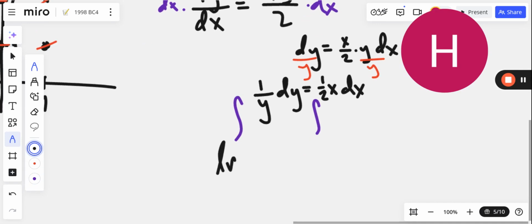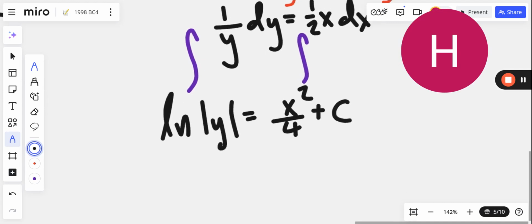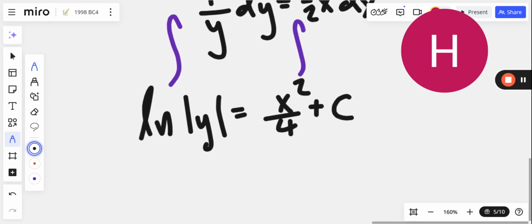This is going to leave us with ln of absolute value of y equals x squared over 4 now. This is the power rule. Raise the power by 1, divide by the new power. Plus c. Well, we can find that plus c because we were given the initial condition, right?